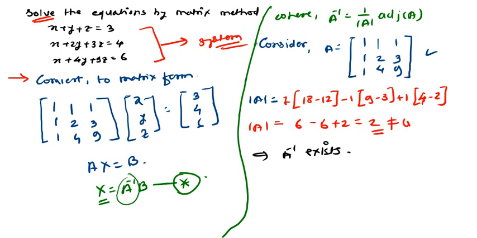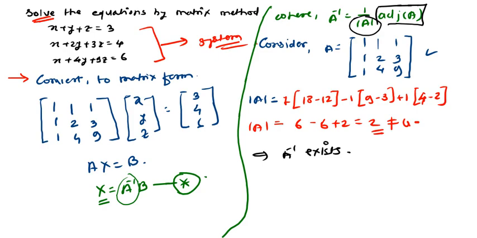Now once you have this, your next aim is to find the adjoint of the matrix A. We know the adjoint of the matrix A is nothing but the transpose of the cofactor matrix of A. So firstly we write our matrix A, which is 1 1 1, 1 2 4 and 1 3 9.